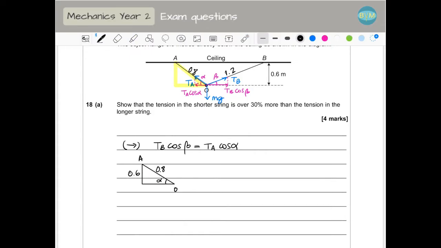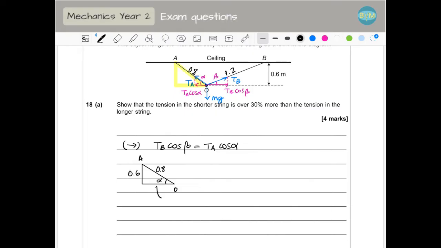That means if I need cos alpha, it's going to be the adjacent divided by hypotenuse. I don't have the adjacent, but I can use Pythagoras, or I can do cos minus 1. I like more to find the exact value, just to keep it until the end. But you could do sine minus 1 and find then cos.